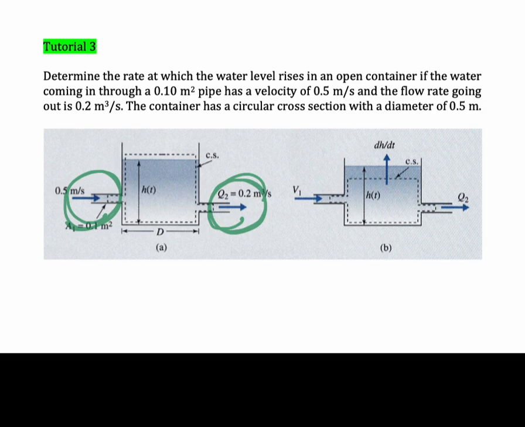If the values are equal, there is no increment inside the tank. But if the inlet is higher compared to the outlet, the water level will increase inside the tank.